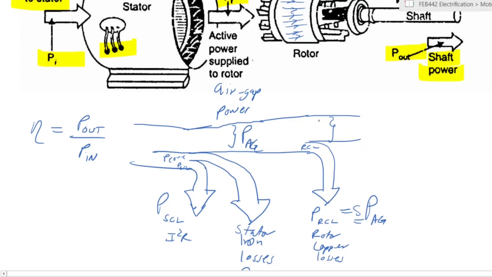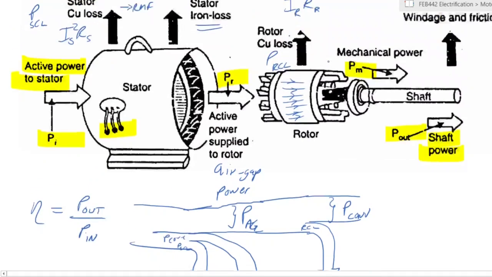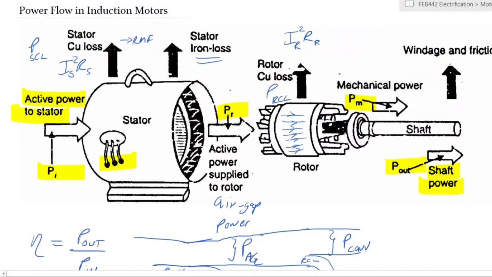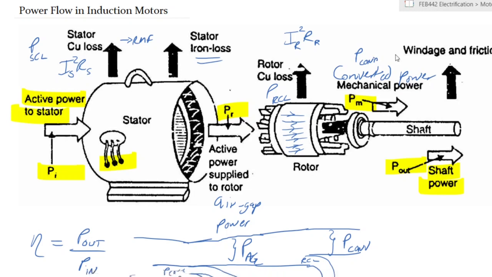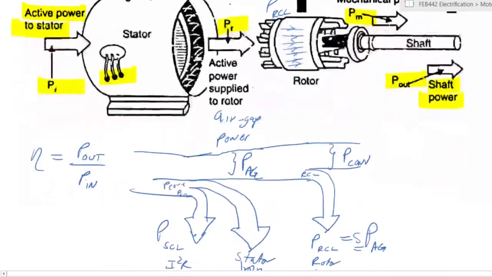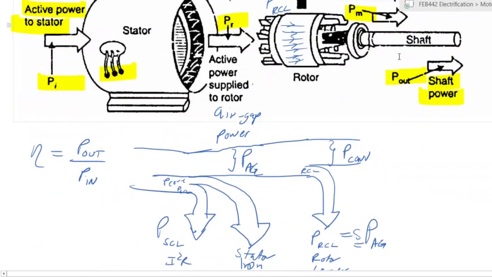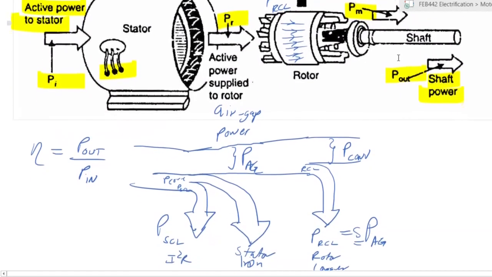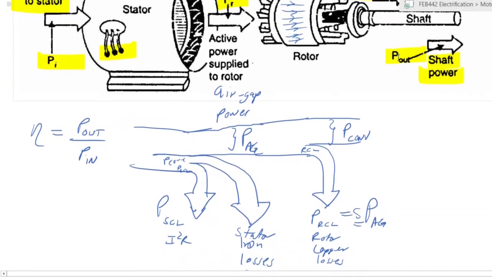This is what we call converted power, P converted. That power is now available at the shaft in the form of mechanical or rotational energy.